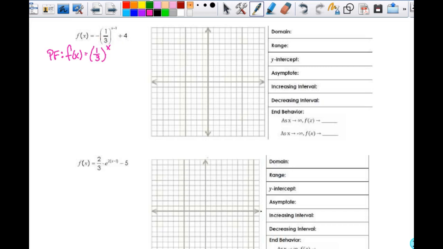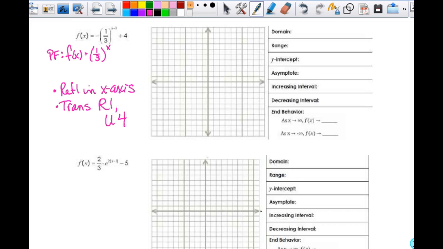And then I need to write down my transformations. So this negative here is going to be a reflection in the x-axis. 1/3 is my base. That -1 means I'm going to translate right 1, and then that means I'm going up 4. Right.